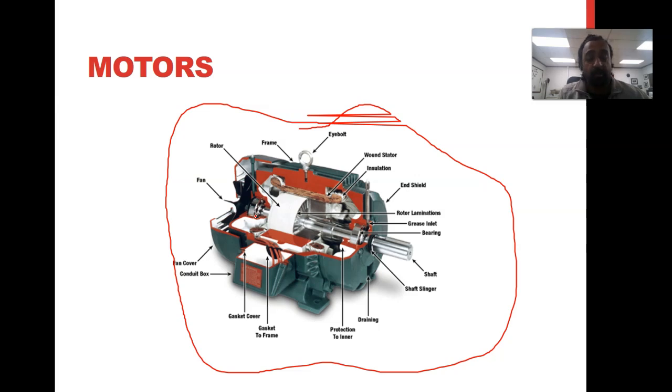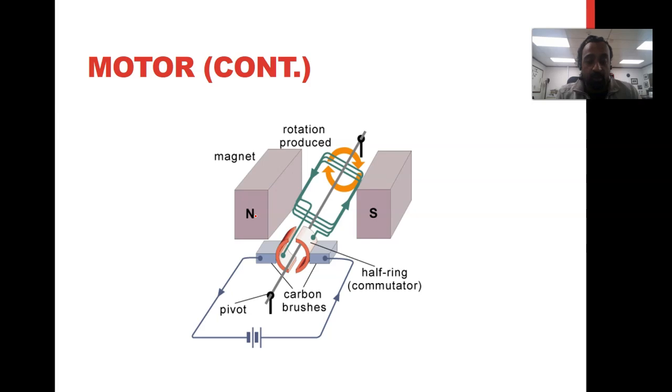They are rated by RPM and horsepower, and they do a lot of rotating work. They will run fans, pumps, and also compressors. You'll be very familiar with motors, how to change them, and what the differences between them are. This is how motors work. This is just an illustration of how there's an interaction between induction and rotation.